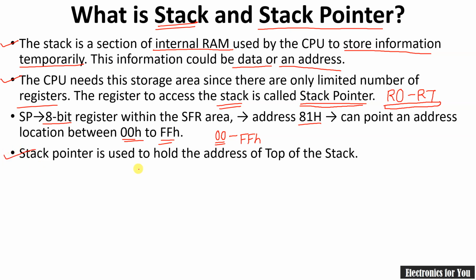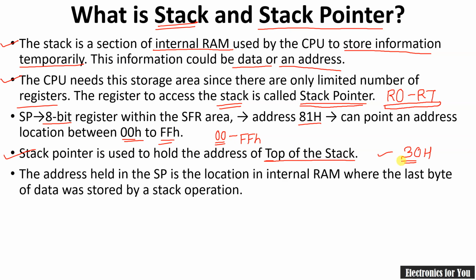The stack pointer is used to hold the address of the top of the stack. Generally, when we say 30H is stored in the stack pointer, it means it is indicating the address of the top of the stack. This 30H will be the top of the stack. The address held in the stack pointer is the location in internal RAM where the last byte of data was stored by the stack operation.